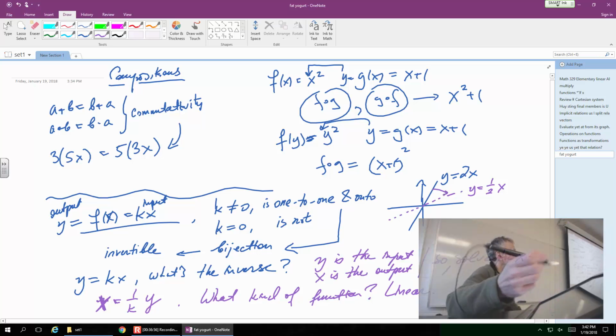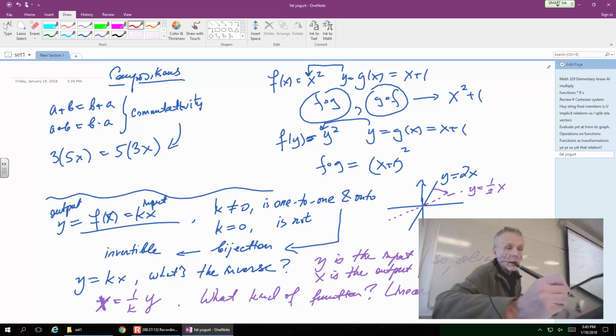Finding inverses geometrically: a flip about the diagonal, right? So if you flip y equal 2x about the diagonal, y equal x, which is here somewhere.